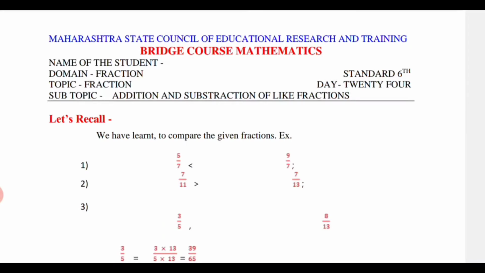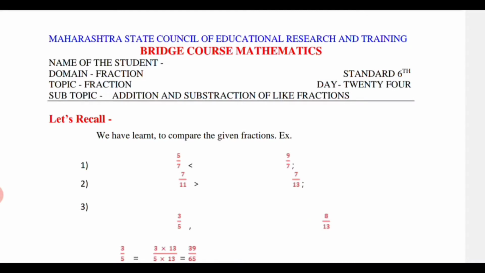In the same way, if you see 7 upon 11 and 7 upon 13, 7 upon 11 is bigger than 7 upon 13. Why? When the numerators are the same, we compare the denominators. If the denominator is smaller, then the fraction is greater. And if the denominator is greater, the fraction is smaller.